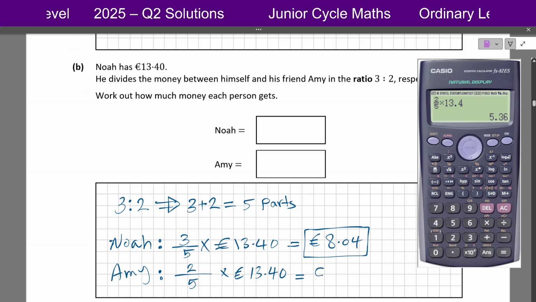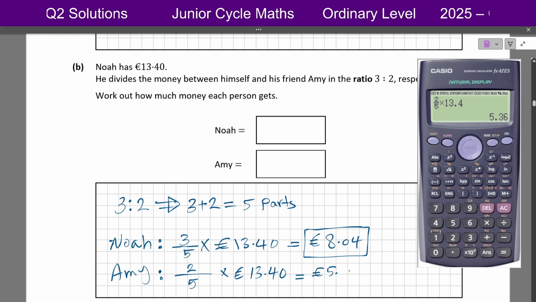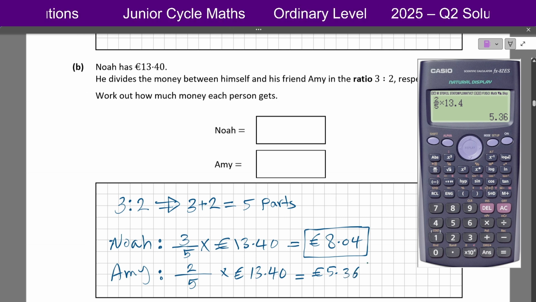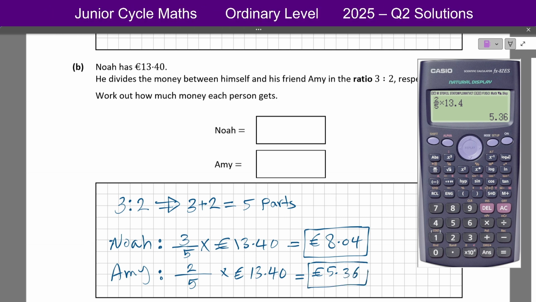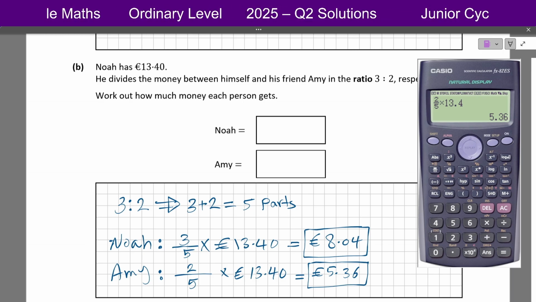So we write it down, 5 euros and 36 cents. Here is the amount for Amy.